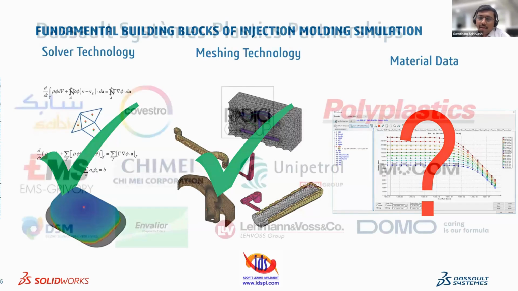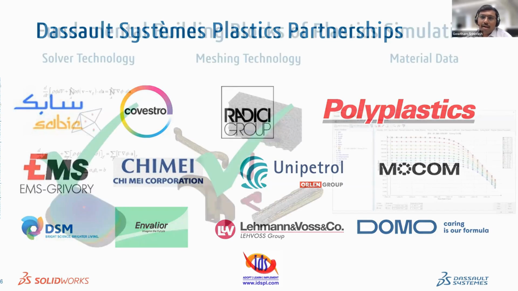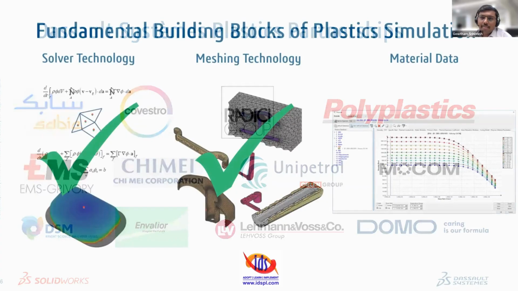In that case, Dassault Systemes partners with all the world-leading polymer manufacturers, let's say like SABIC or PolyPlastics or Mocon, or whoever you name, we are collaborating with them. So typically we will have a talk with those people.